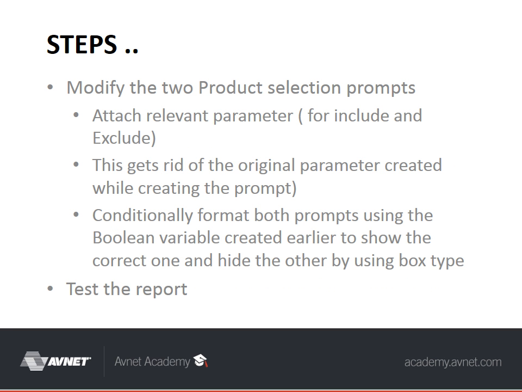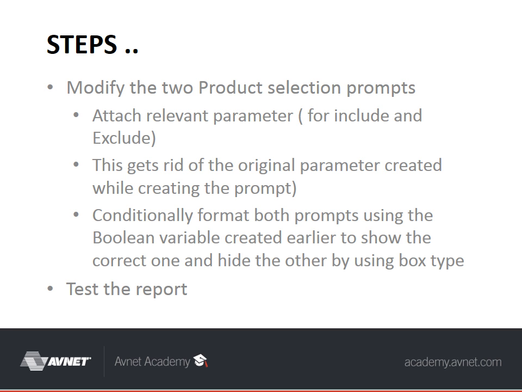Then, because we duplicated the product prompt, and while creating the product prompt it would ask us to create a parameter, we would create that parameter. But when we duplicate the product prompt, that parameter will be used for both the prompts, and we don't want the same parameter for both.